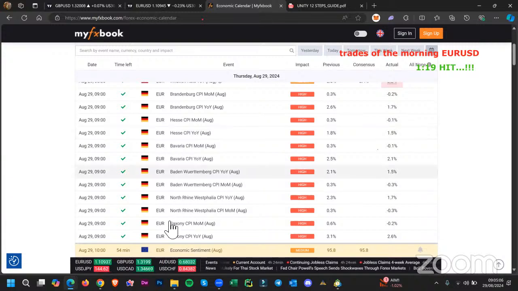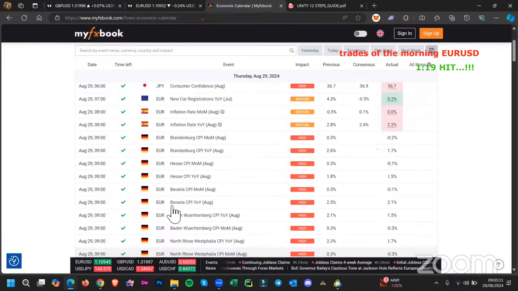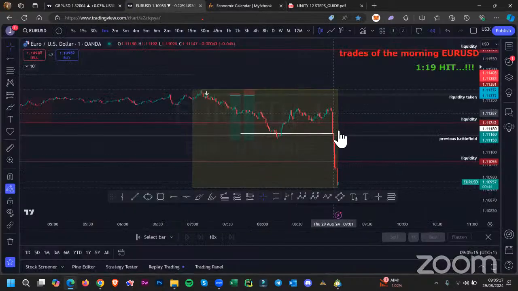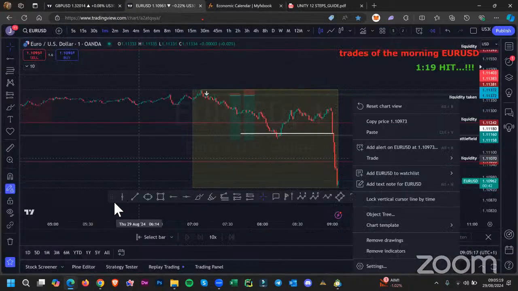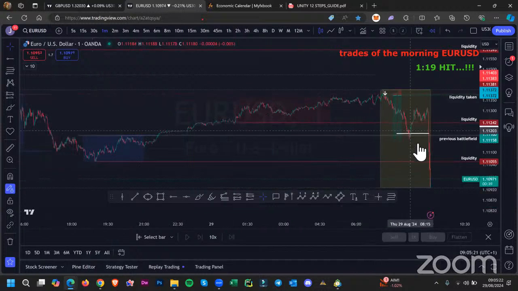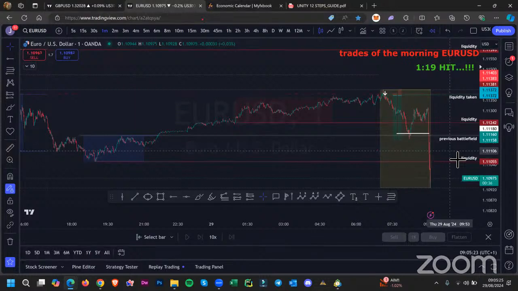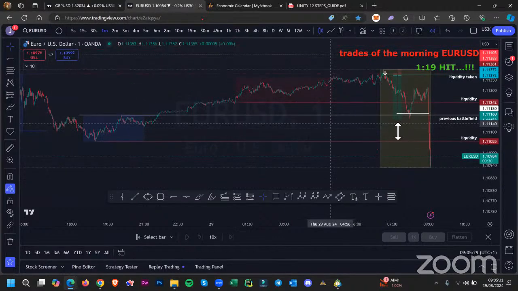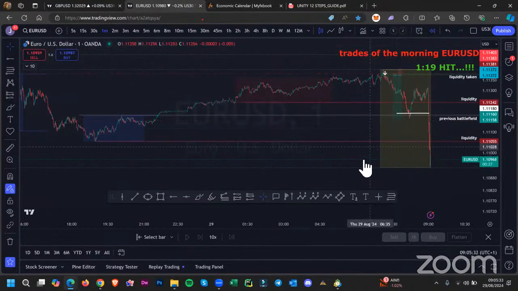All of this red folder euro news just hit now, 9 o'clock. And look at EURUSD at 9 o'clock, which kind of threw that little zone that I had in here out of the window. And I just took a small L. Okay. That's it. Simple, simple, simple trade.